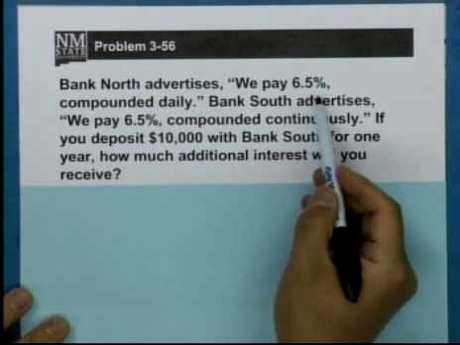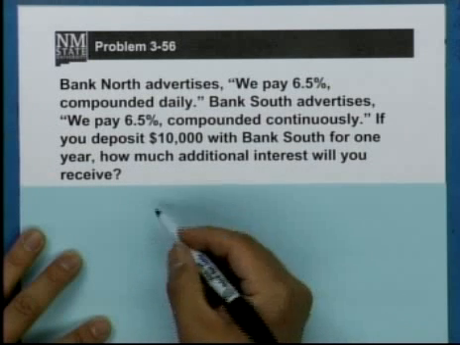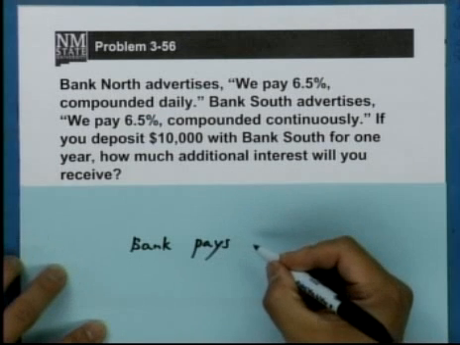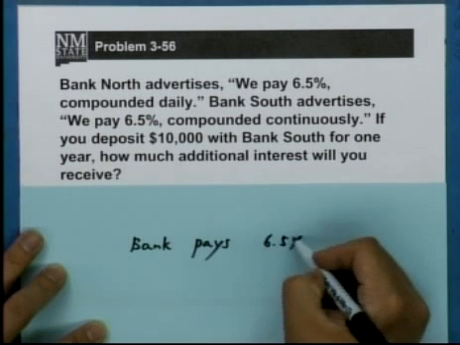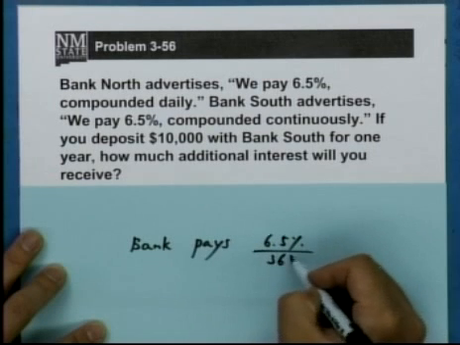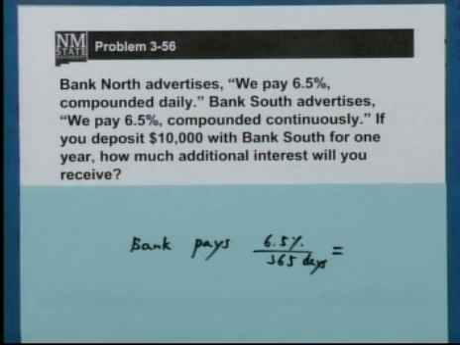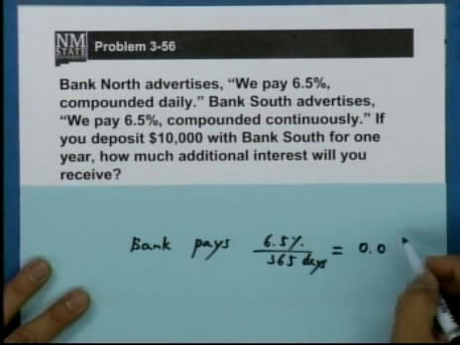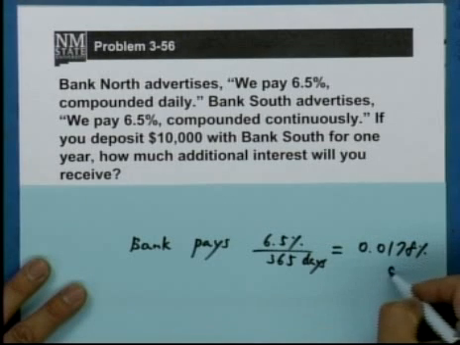So here, 6.5% compounded daily means that the bank pays 6.5% divided by 365 days. So how much is this? 0.0178% daily.